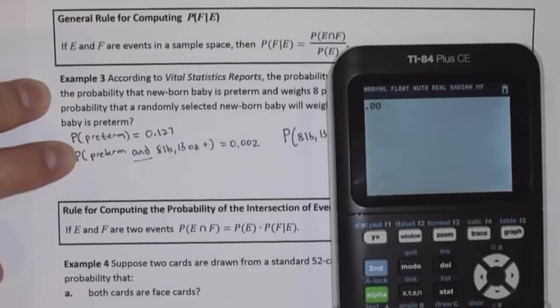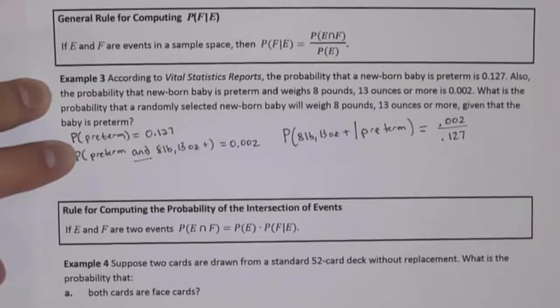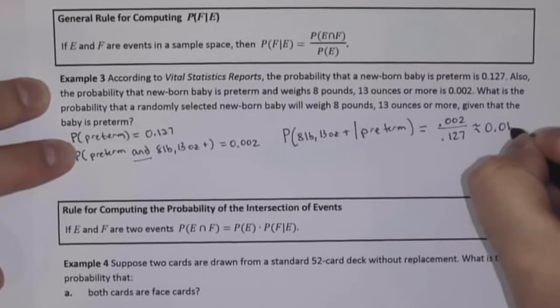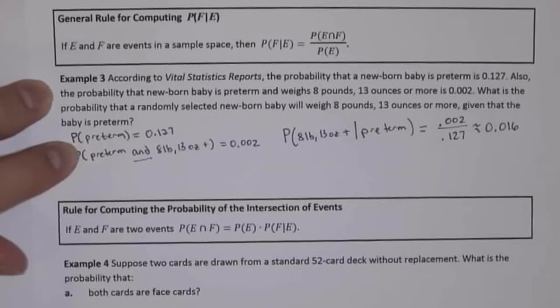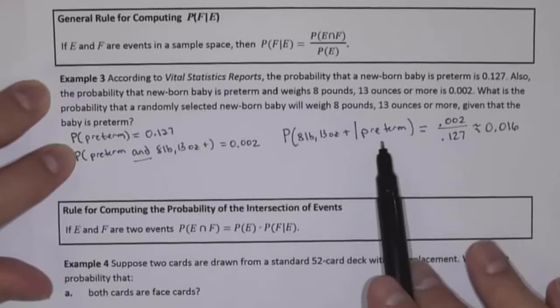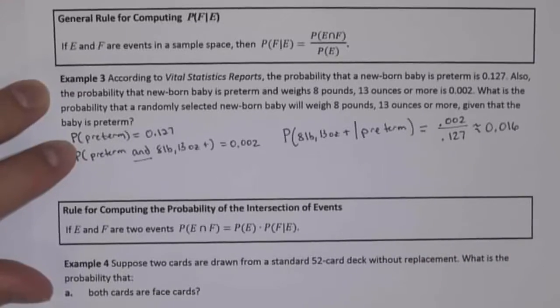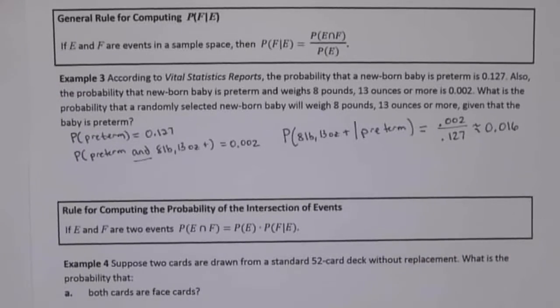That is approximately 0.016 if I round to 3 places. So if we know the baby is preterm, the probability that the baby will weigh 8 pounds 13 ounces or more is 0.016. So not very likely.